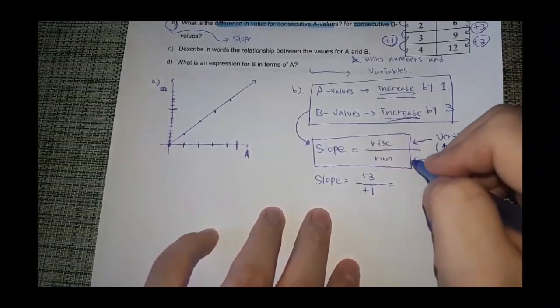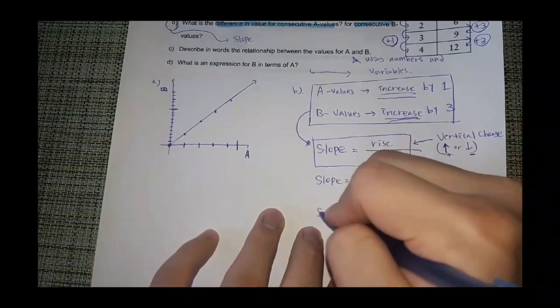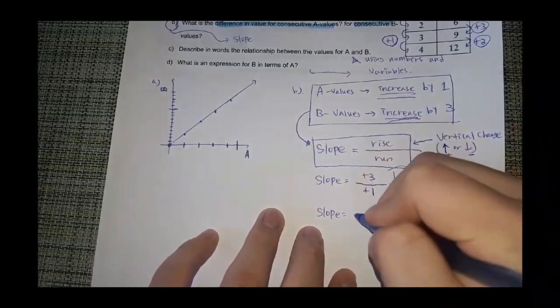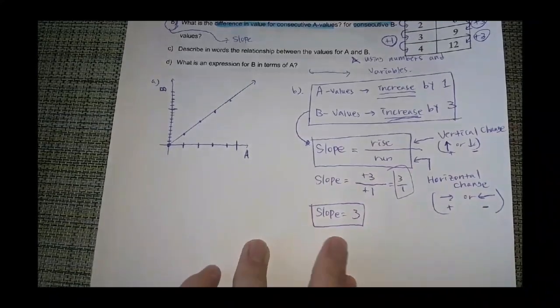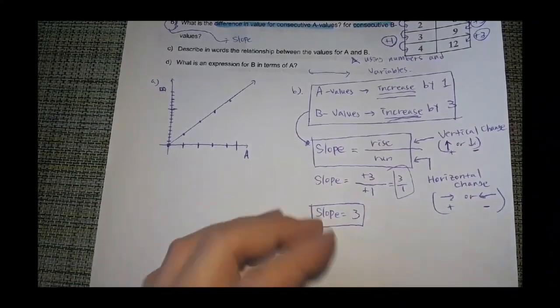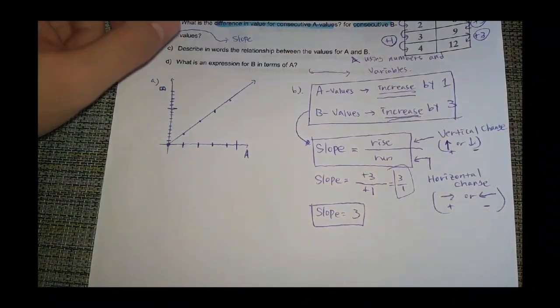So slope, ladies and gentlemen, is actually 3 over 1. But you need to remember, do we actually put 3 over 1 in a normal situation? I like to say no. If you have denominator 1, you generally put just slope is equal to 3. This is one of the main parts of today's lesson.